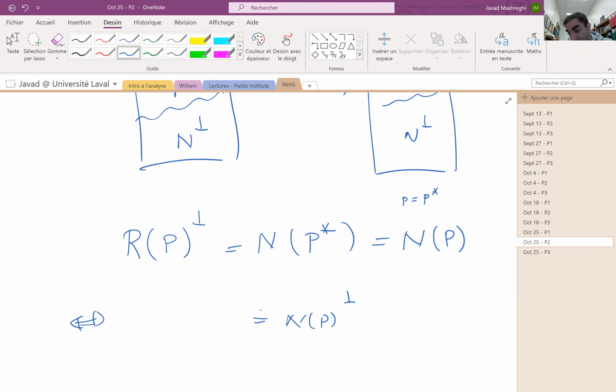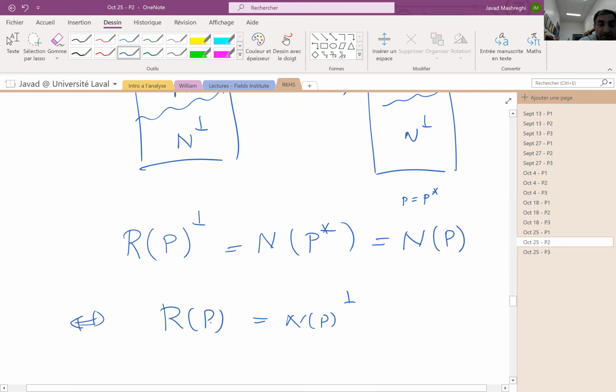If you want to generalize this formula, you need to be careful. It's range of P bar, but here we do not need bar because everything is closed. I mean, we are in the finite dimensional case.